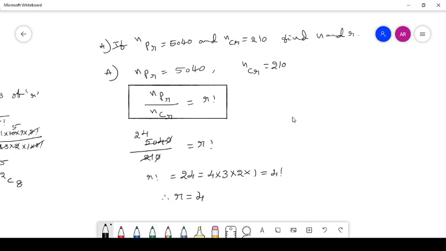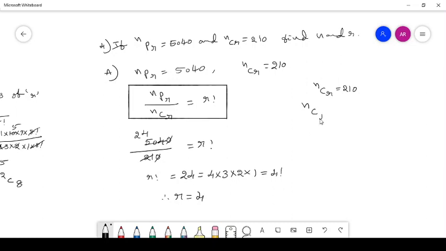Next we have to find the value of n. Here nCr is equal to 210, but the value of r is 4.